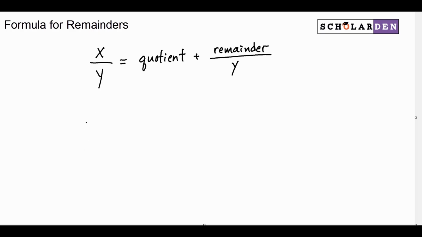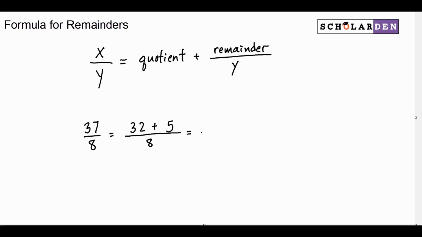So for example, if I had 37 divided by 8, I could write this as 32 plus 5 with an 8 on the bottom.